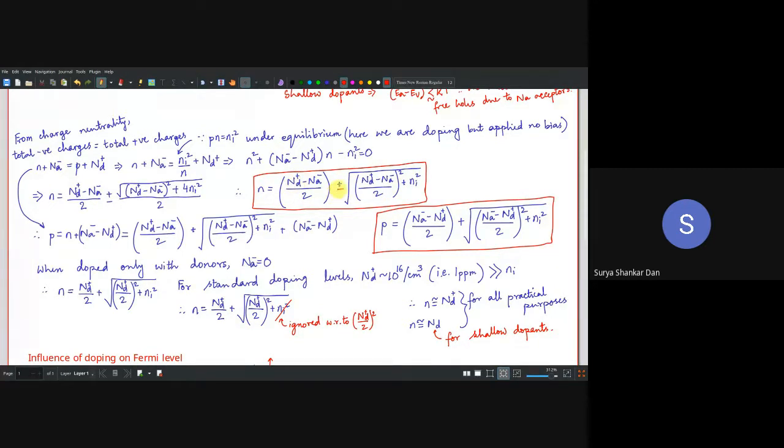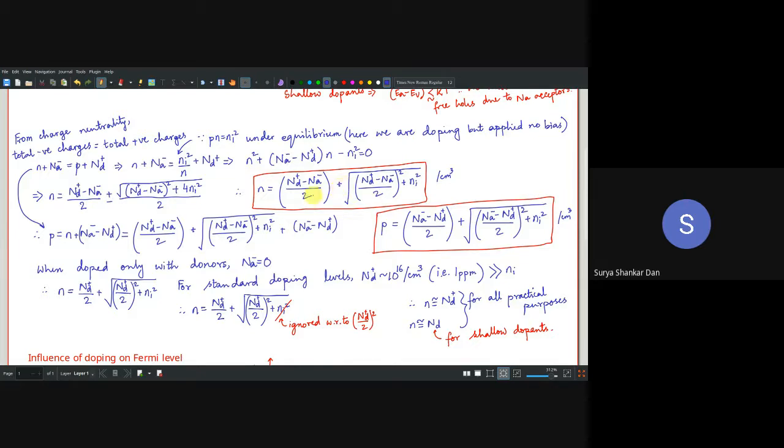So if you put a minus, you are always going to have a negative value for n. And what is n? n is a number. What is the unit of n? Everybody knows, per centimeter cube or per cc. That is the standard unit for doping or carrier concentration. So this is a number of carriers, and you can never have a negative number over here. As a consequence, you are always going to have a plus.